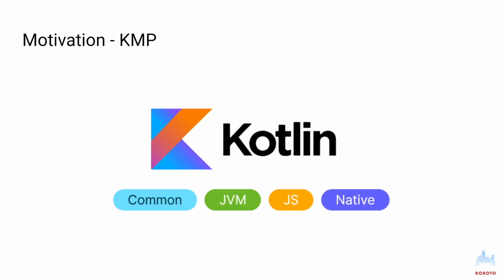And of course, Kotlin Multiplatform. If you're an Android developer, chances are that you have seen Kotlin Multiplatform before, and it almost forces us to modularize our code. Essentially, we're going to have different modules. We will have our common module, then we will have our JVM, even JavaScript, or any sort of native module.